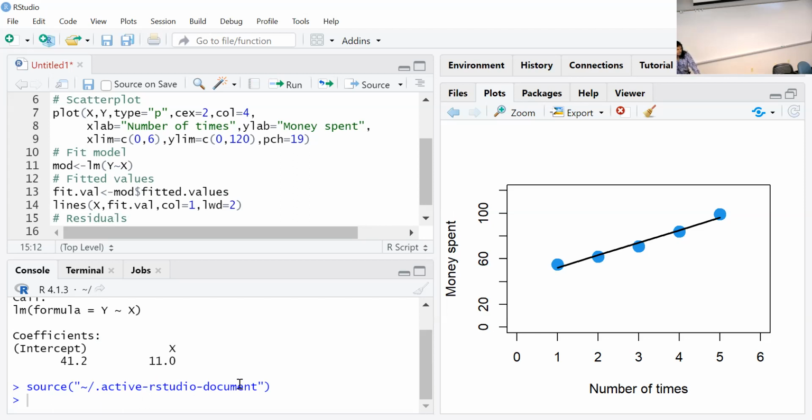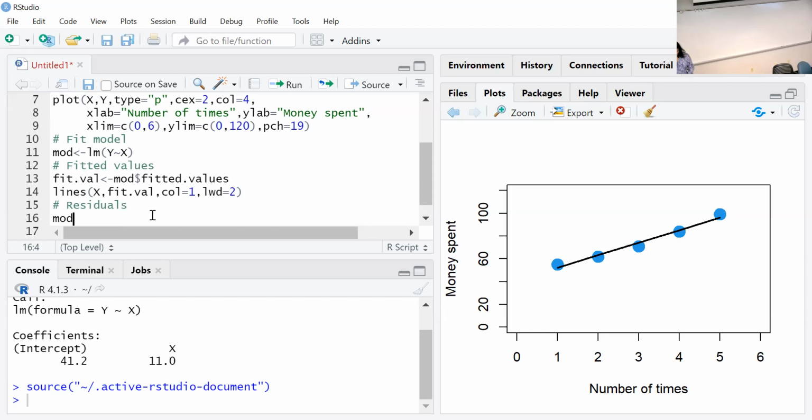The next step is to compute the residuals. What is the residual? So the residual is simply the difference between the actual value, in other words, the observed value for y, and the fitted value.